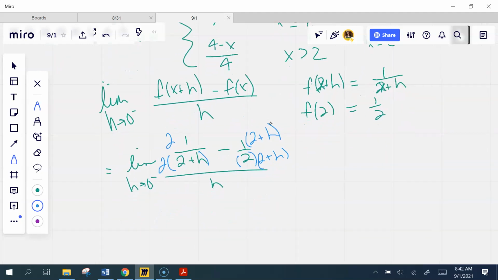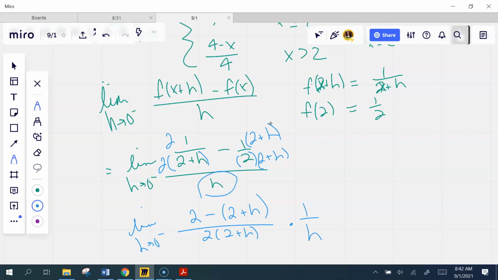Yes. All right, so now I have the limit as h goes to 0 from the left of (2 minus (2 plus h)) over 2 times (2 plus h), and I'm actually going to change this to 1 over h. Okay? Tell me if you disagree with something.